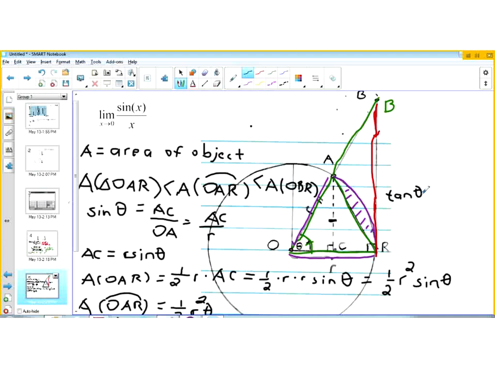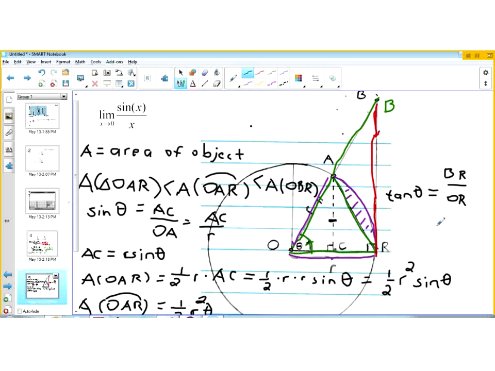To calculate the area of triangle OBR in terms of theta, I need to express theta using one of these geometric objects shown in the picture. And so as an assist, we know that the tangent of theta is opposite over adjacent. So that would be BR divided by OR. Can you see that? Opposite over adjacent for theta.